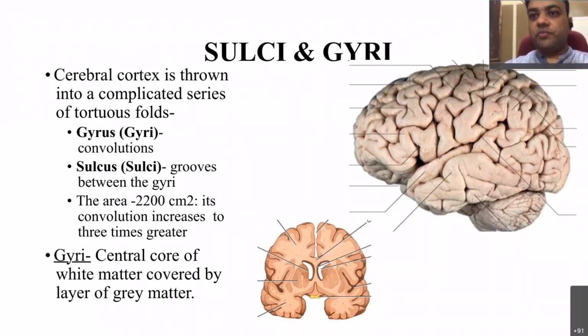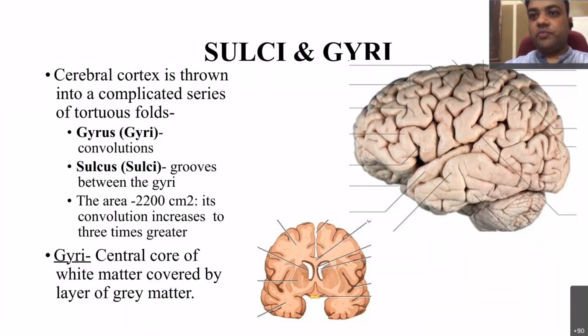So this surface area is shown in various folds. These folds are known as the gyrus, and the spaces or the gap between the gyri is known as sulcus. Gyrus means convolution, that is folding, and sulcus means groove between the gyri, that is sulci.